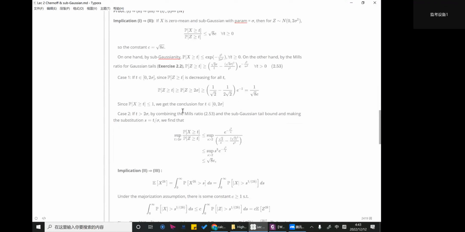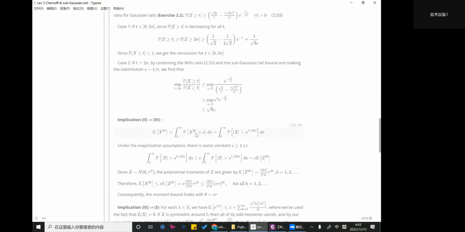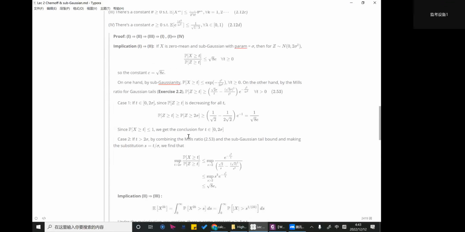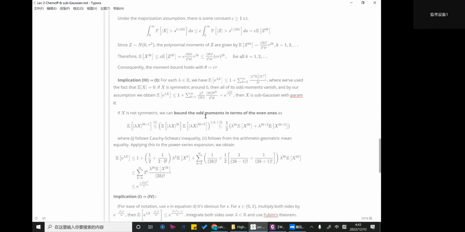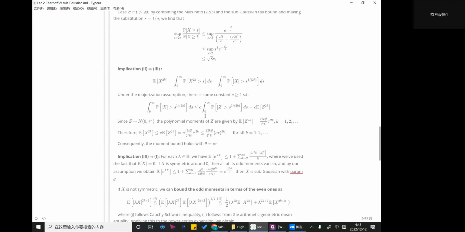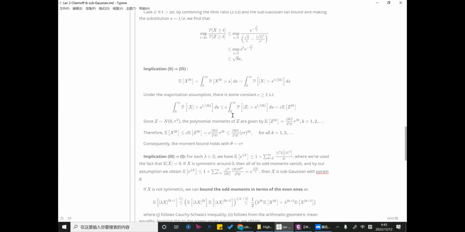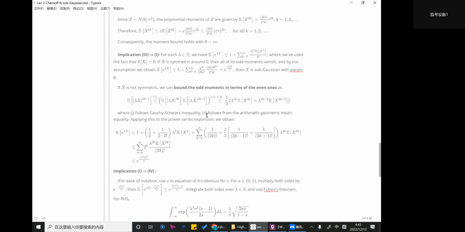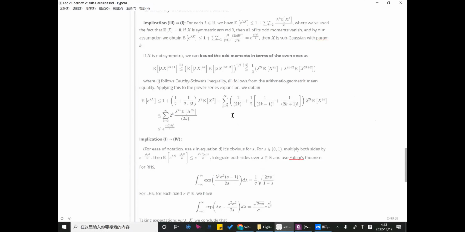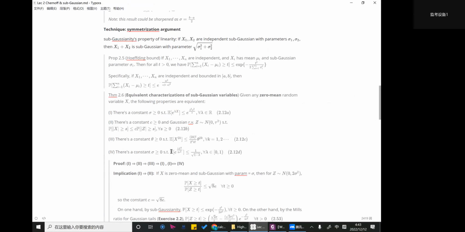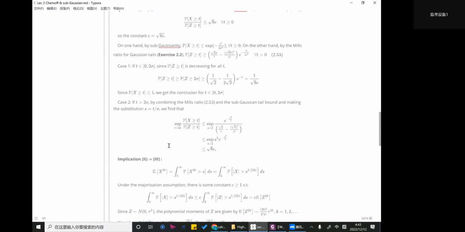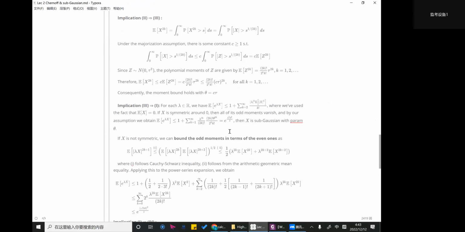The first is, from 3 to 1 here. If x is symmetric, we can get the conclusion.